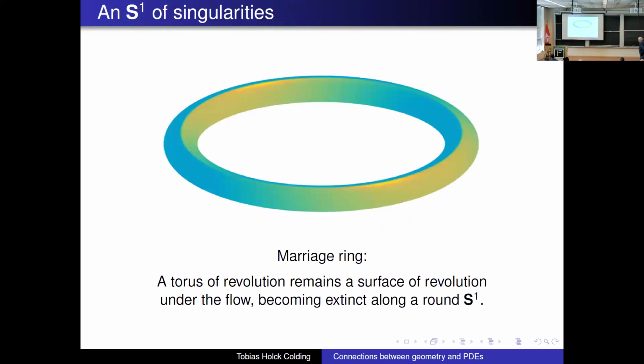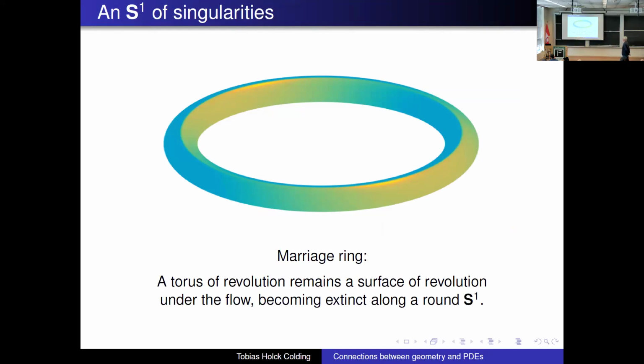The other simple example I want to look at is actually even simpler. It's what is often referred to as a Angenent torus, a thin donut of revolution, so a thin torus of revolution. So that's the initial surface, and you're looking at the evolution of this.